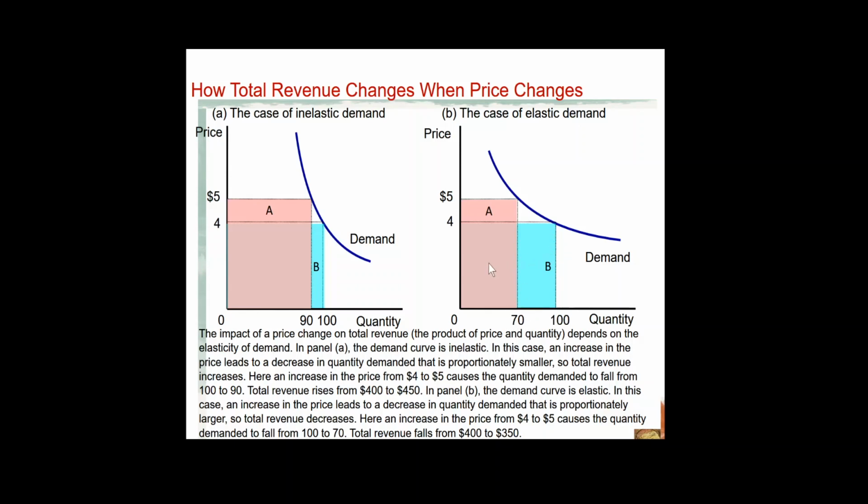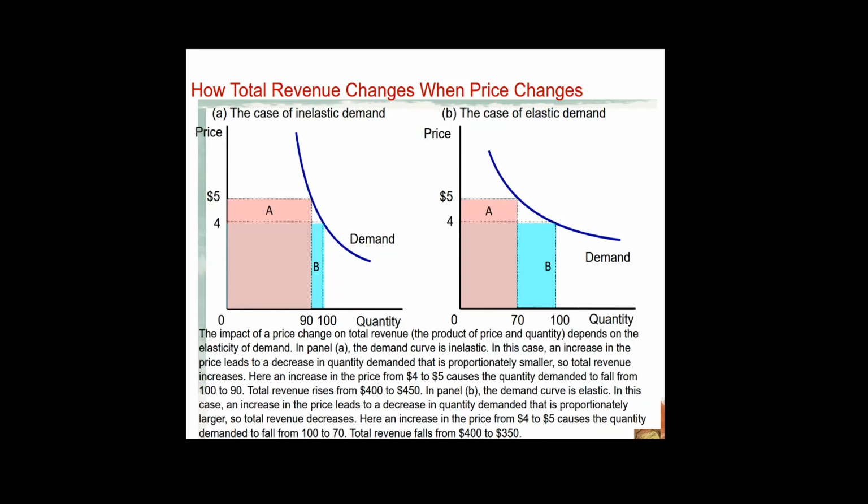And due to that, we will have a reduction in the total revenue. So again, in the case of elastic demand, an increment in the price means a decrement, or fall, in the total revenue.